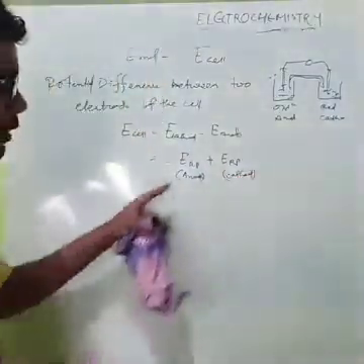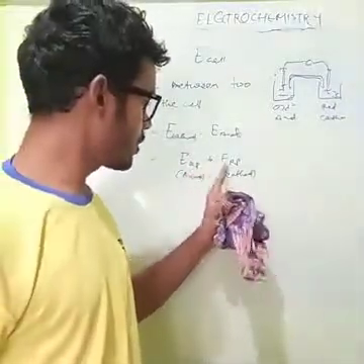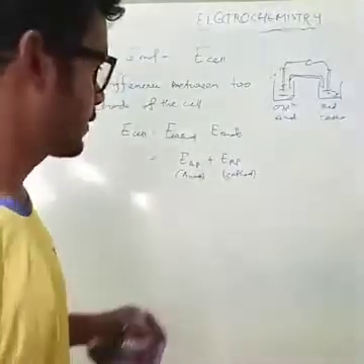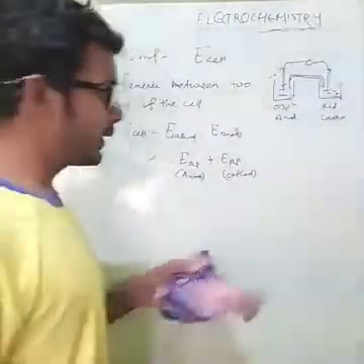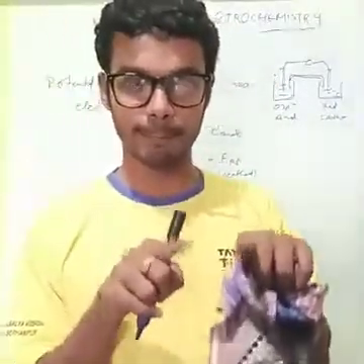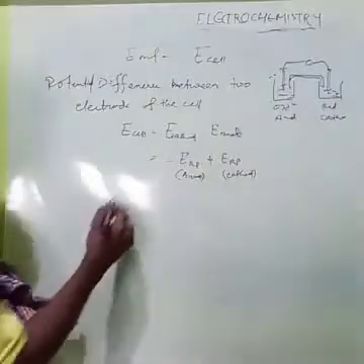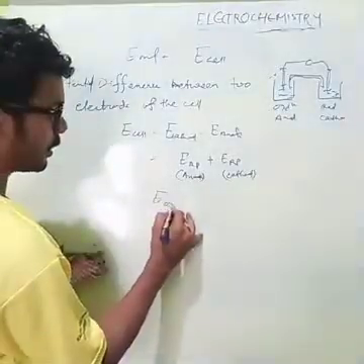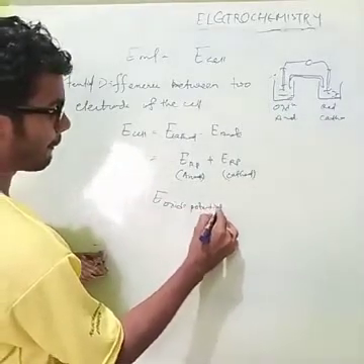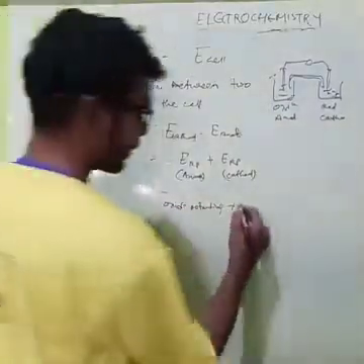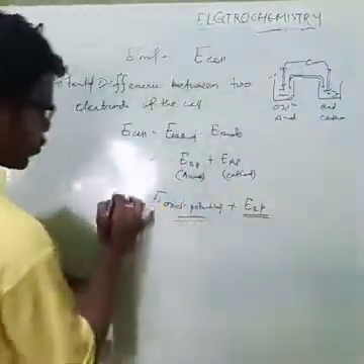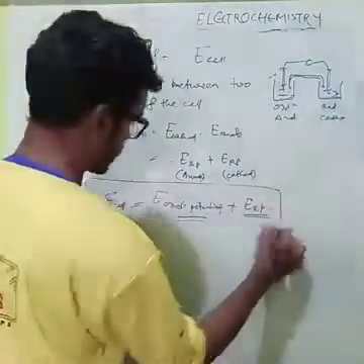So here is a confusion, because here at the anode you also write the reduction potential. Actually, if you write E oxidation potential plus E reduction potential equals E cell, this is the formula.